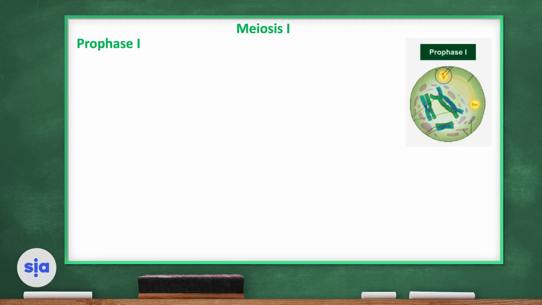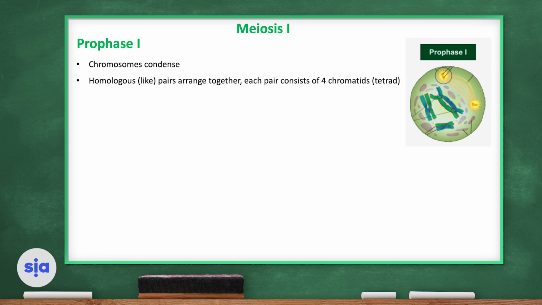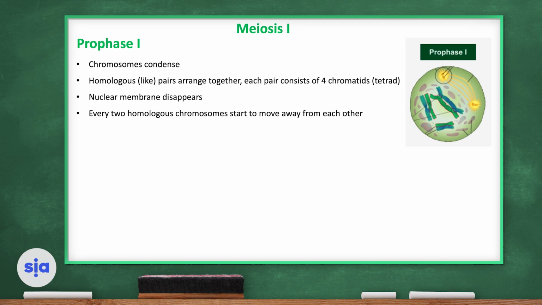In prophase 1, the chromosomes will condense and the pairs will arrange together. Each pair consists of 4 chromatids called tetrad, and the nuclear membrane disappears. Every 2 homologous chromosomes start to move away from each other.